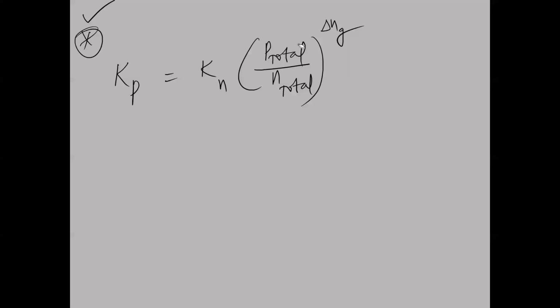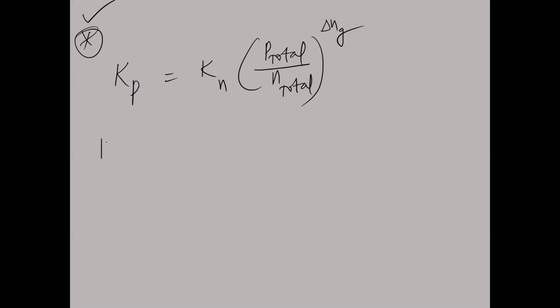In most problems, P total will be given as 1 atm, 3 atm, 2 atm, 1.5 atm. The total pressure of the gaseous mixture will be given at equilibrium. Total number of moles we can take as the sum of the number of moles of reactants and products. Then we can easily get the Kp value. Now, how to write this?